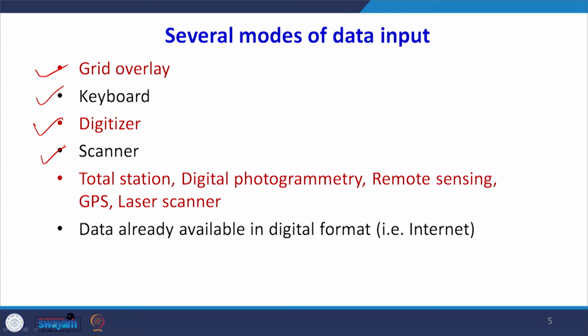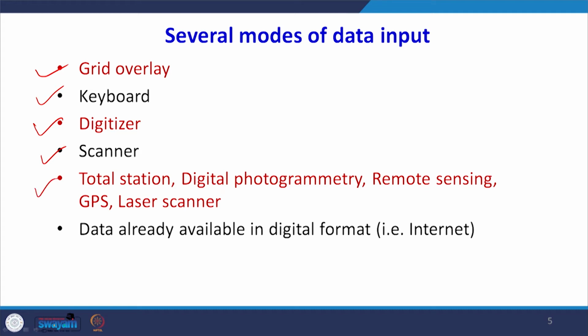If we have big paper maps and a big digitizing table, we can put our paper maps on the digitizing table and carry out manual digitization without scanning it. So these digitizer and scanner are the methods where a lot of paper based information could be converted into digital.